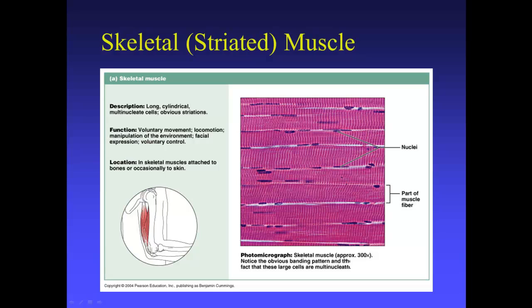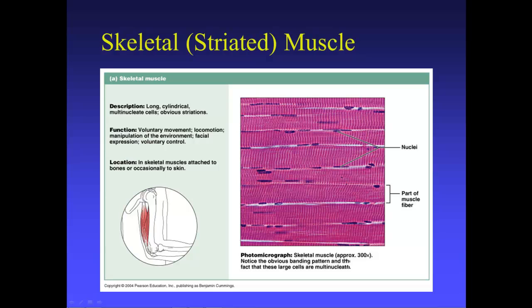If you look at this micrograph showing the skeletal muscle cells, you can see that they are banded in appearance. The term that refers to that is striated. So they have these striations, which are clearly visible by looking at the external cell.